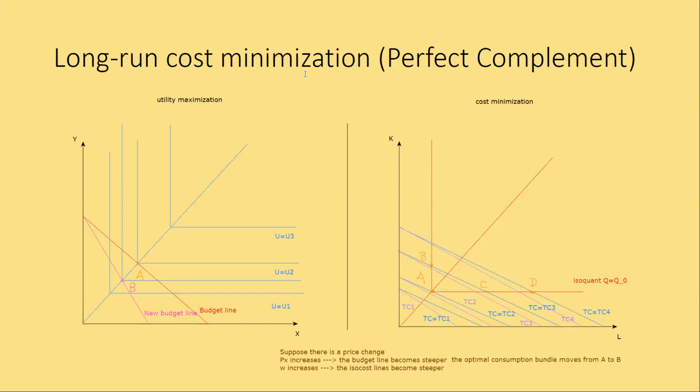So can the firm choose a new point? Let's say that is this point, A prime. The firm cannot move from A to A prime, right? Because at point A prime, it is going to still incur a total cost of TC2.